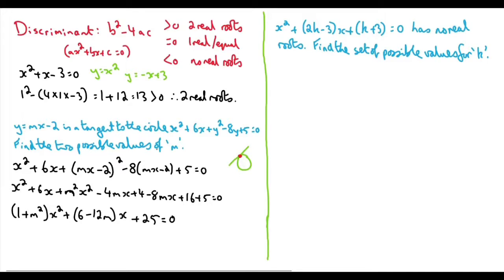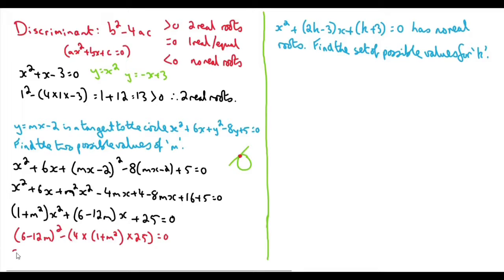There's only one route between them. Therefore, if we were to take the discriminant of this, we know that it would equal 0. So in this case, your b is the 6 minus 12m, so we're going to square that and do minus 4 times the 1 plus m squared times by the 25, and we know that's going to equal 0.